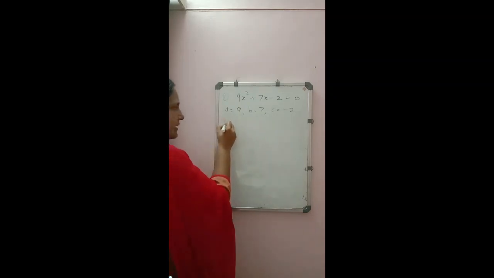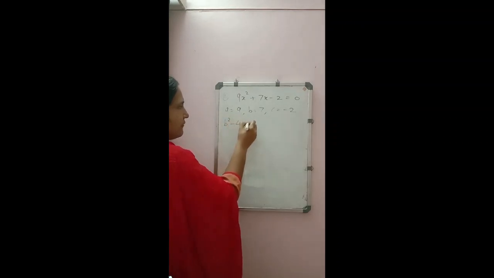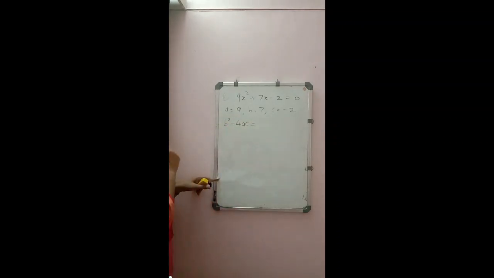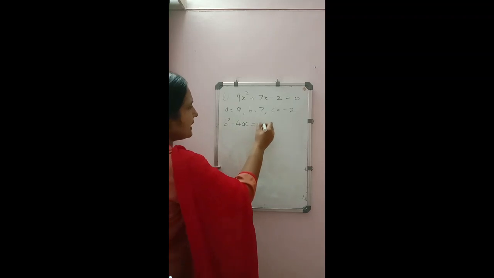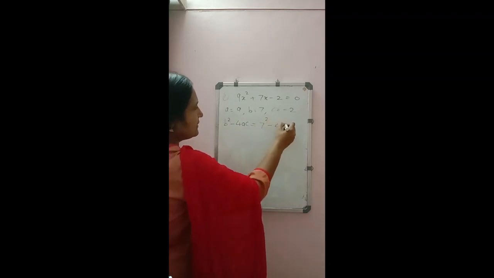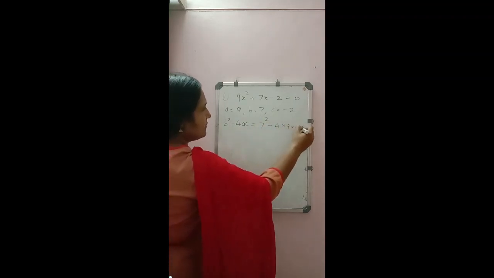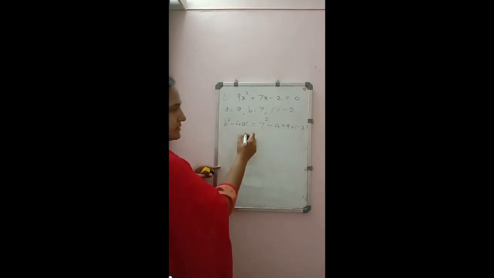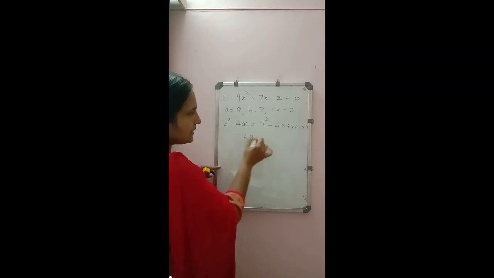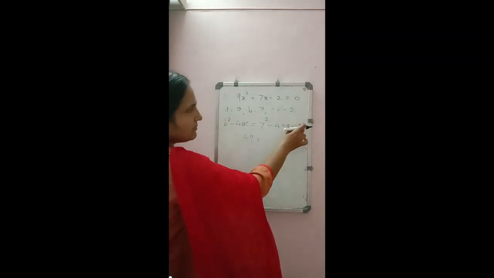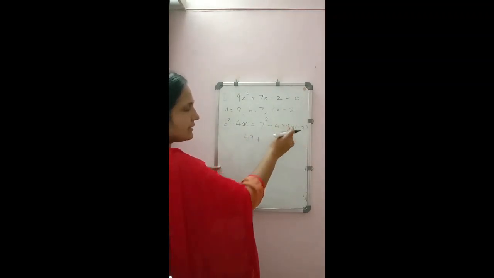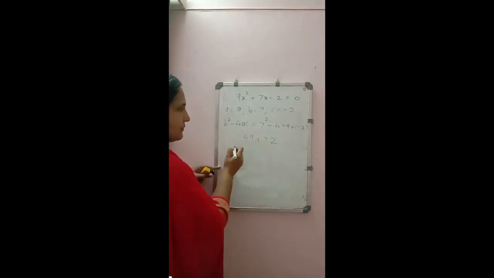So first we can calculate the value of b square minus 4ac. Substitute the value, then we will get 7 square minus 4 into 9 into minus 2. 7 square is equal to 49, minus into minus will be equal to plus. Here it will be equal to 4 2s are 8, 8 9s are 72.